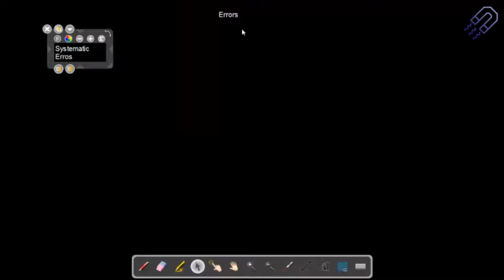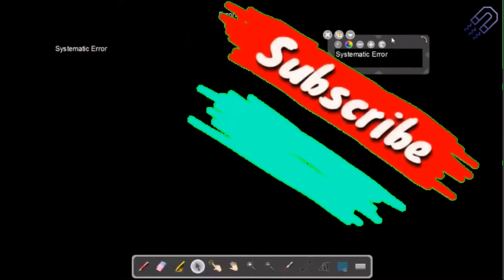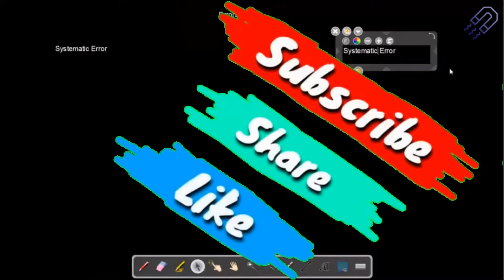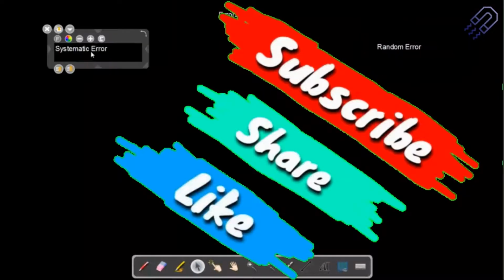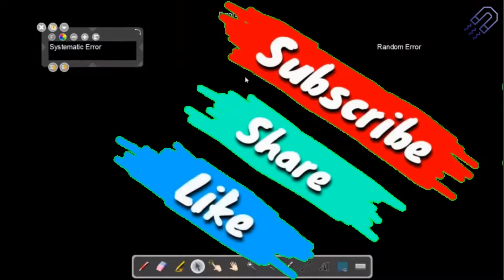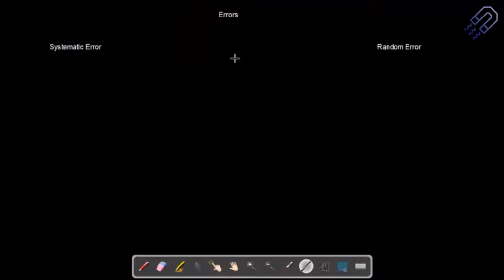Systematic error, and then we have the random error. A random error is something very difficult to control, but if you consider a systematic error, probably we can have better control over it. So this is important. We basically have two kinds of errors here. Maybe I can give it a proper arrangement so that all of you can remember this.